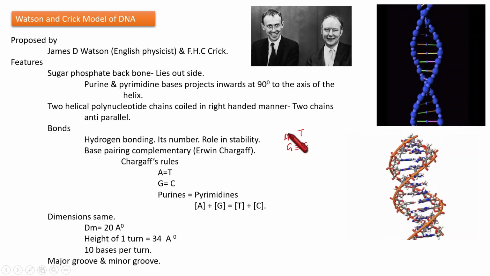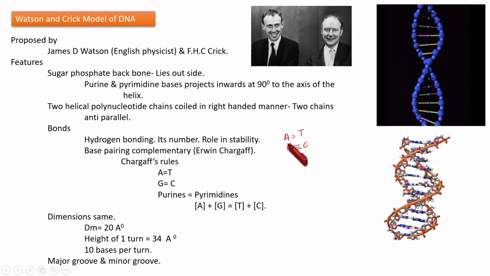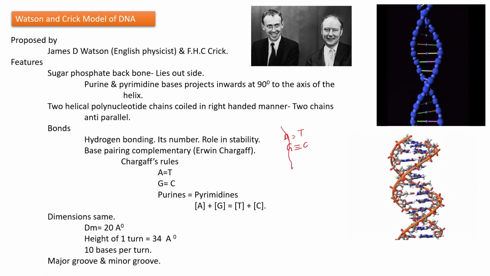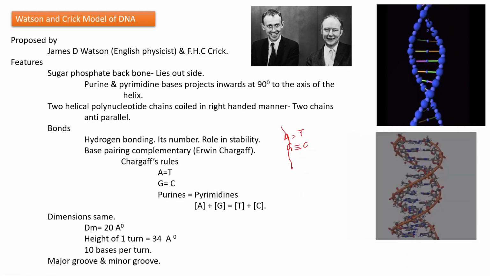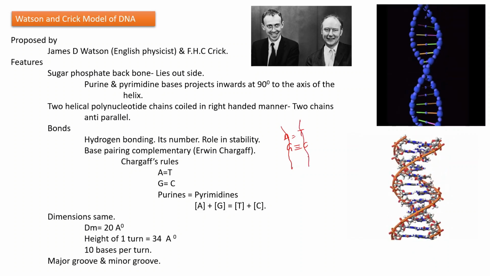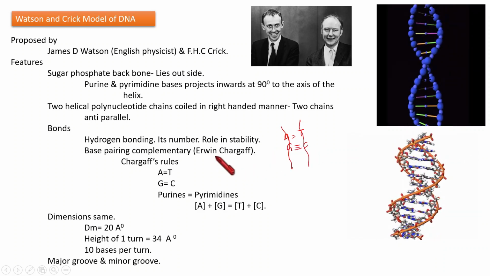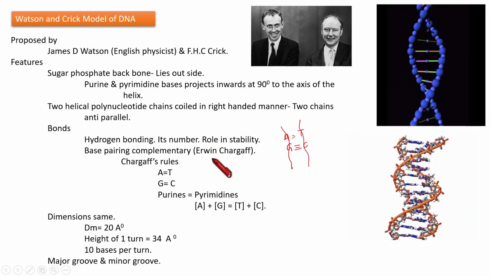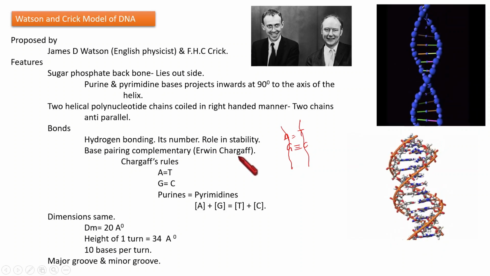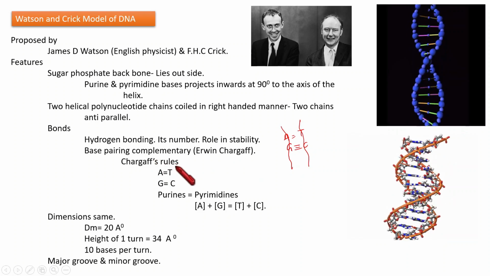So if we know the base sequence in one polynucleotide chain, we can predict the sequence in the other polynucleotide chain. That is complementarity. And that idea was put forward by Erwin Chargaff. His rules are later known as Chargaff's rules.